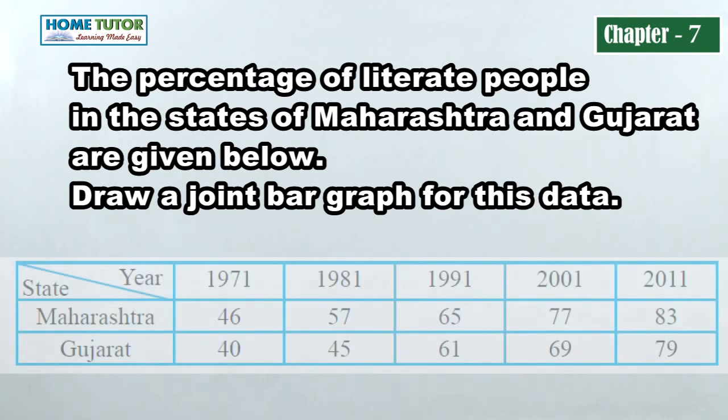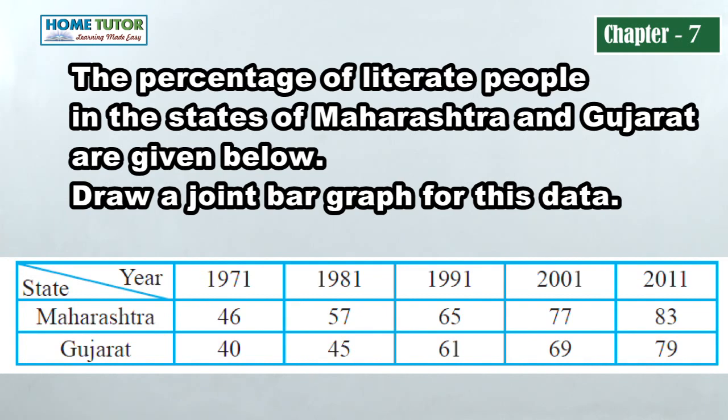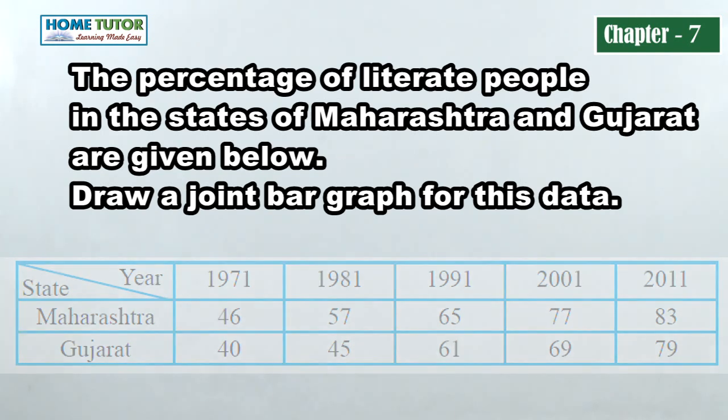The data is given with the years 1971, 1981, 1991, 2001, 2011. States Maharashtra and Gujarat. Now, using this data, we will draw a joint bar graph. First step, we will draw x-axis and y-axis with the point of intersection as O.